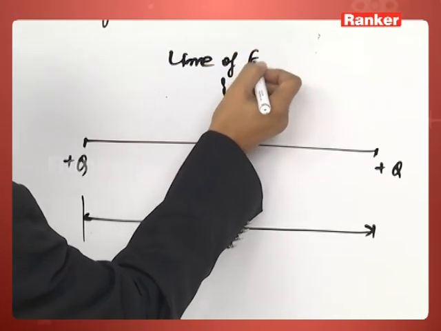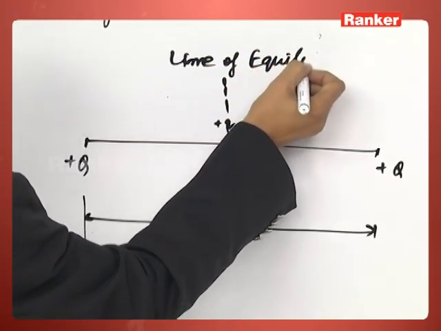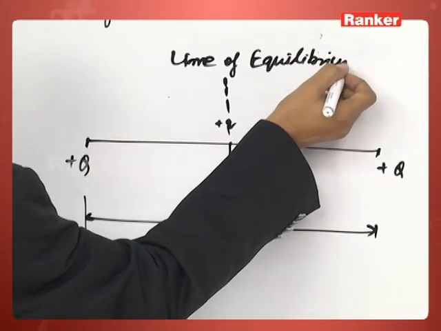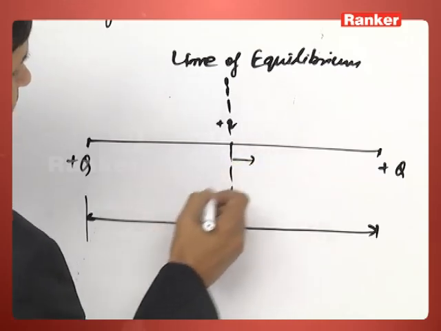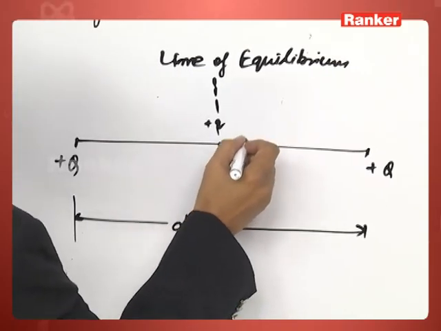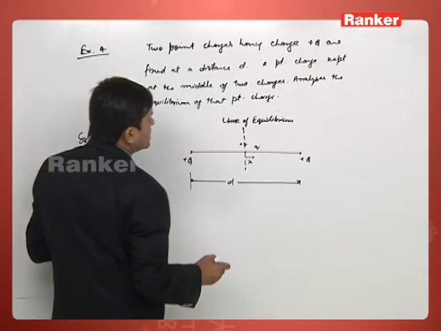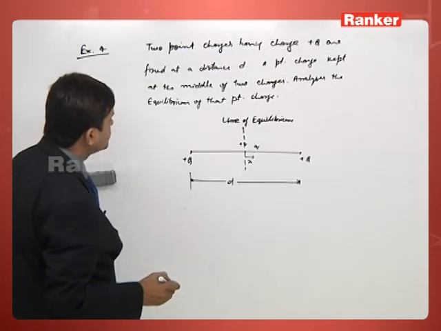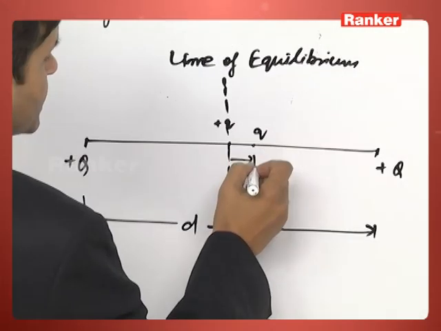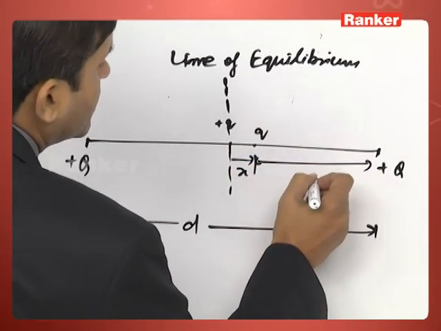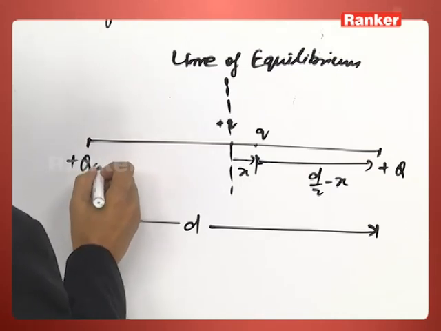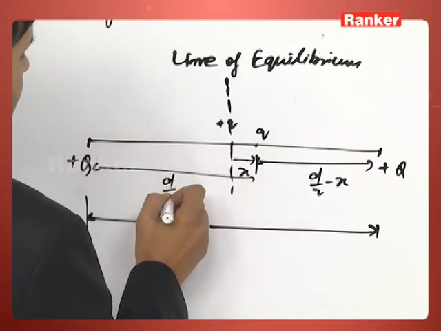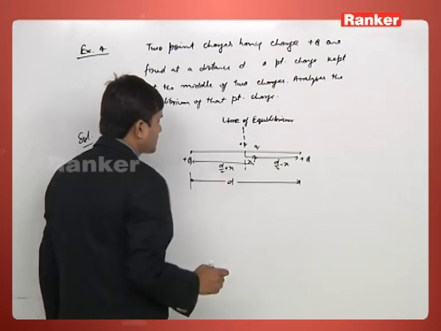Now if this charge is displaced by x, it is here, and x is very small. So now the distance of this charge from this charge will be d by 2 minus x, and from the other d by 2 plus x.